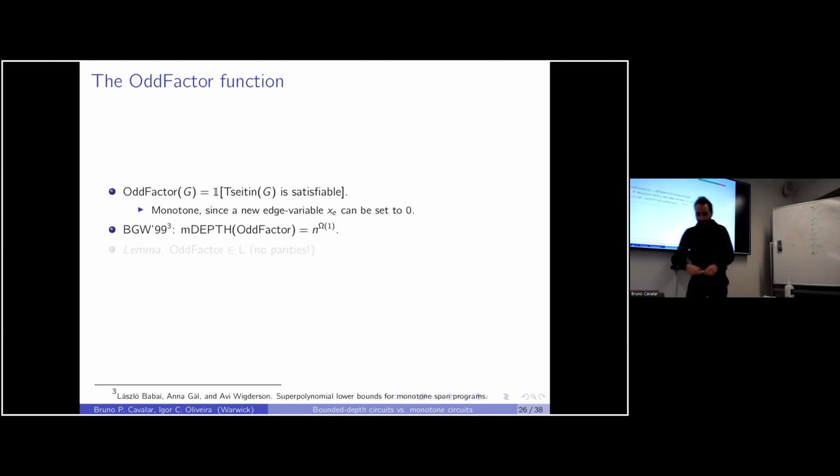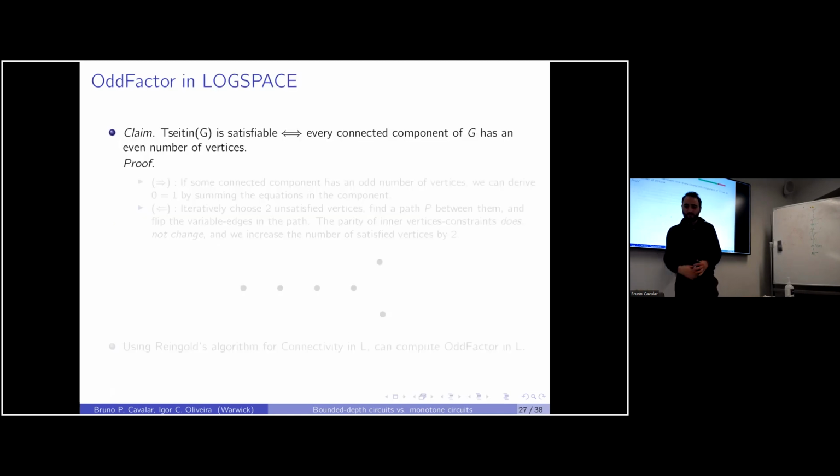And you can do some monotone depth lower bound for it, similar to the tricks used for perfect matching. And here you can get a clean log depth separation bound without a parity. The proof is as follows.